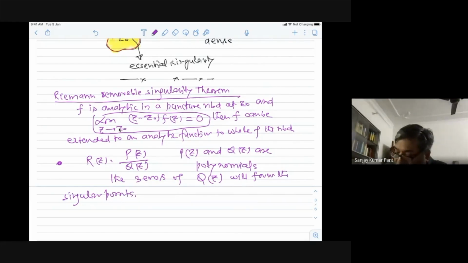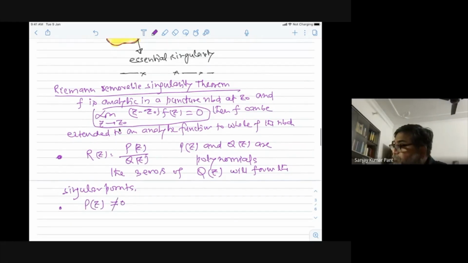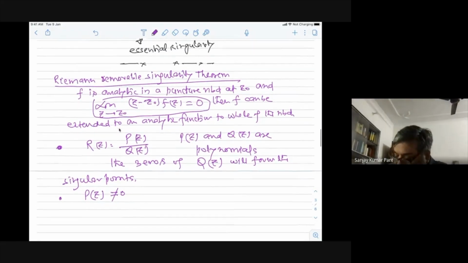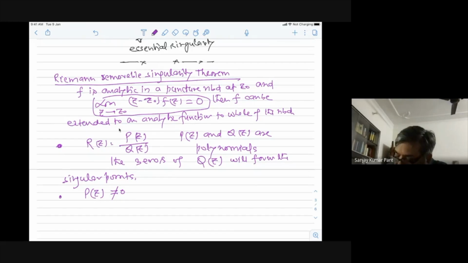So, for example, suppose P(z naught) is not 0, and Q(z naught) is 0.